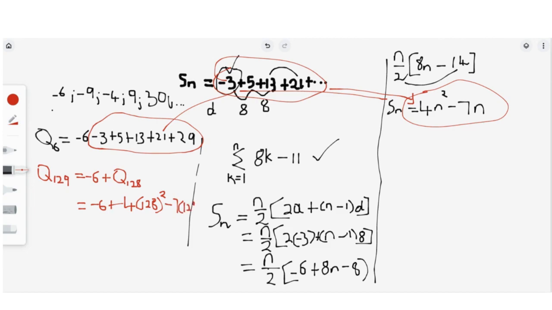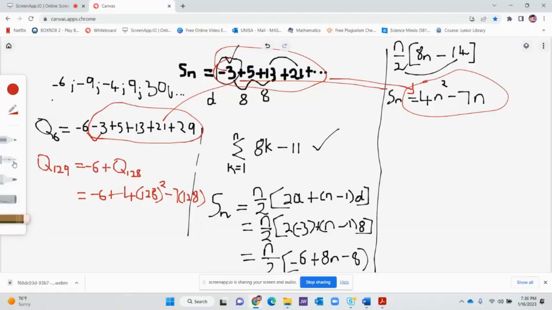And putting all of this into a calculator, the answer is 64634.